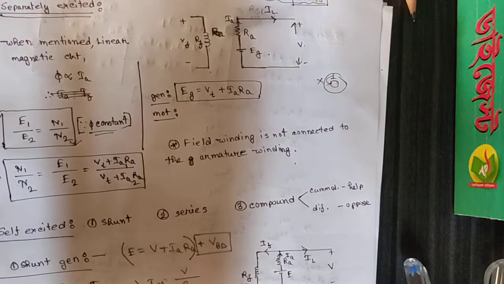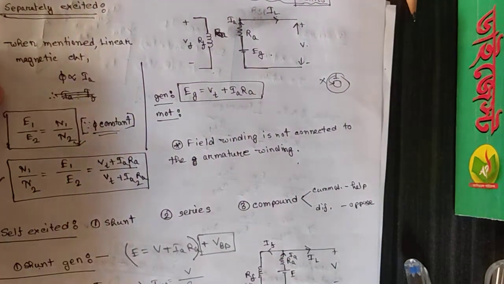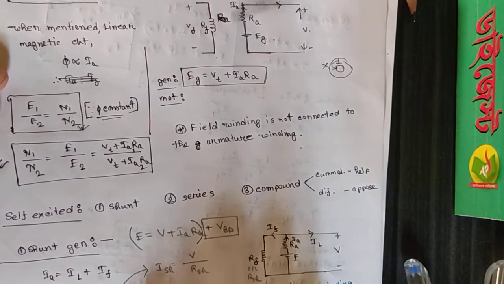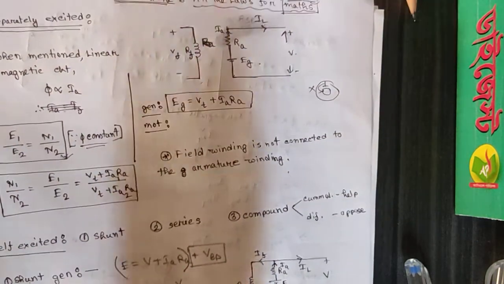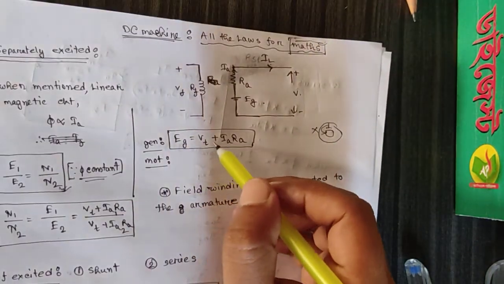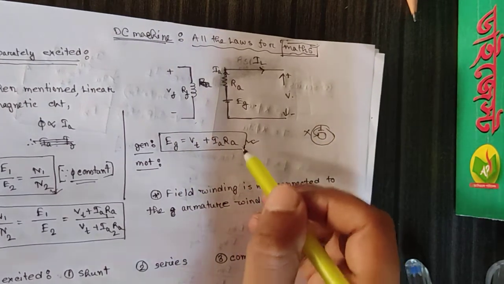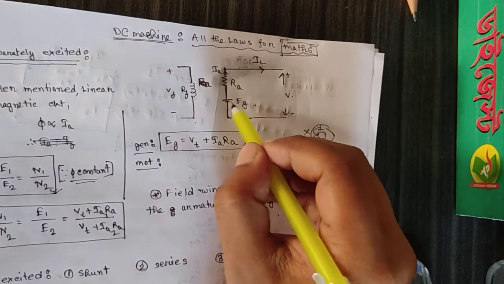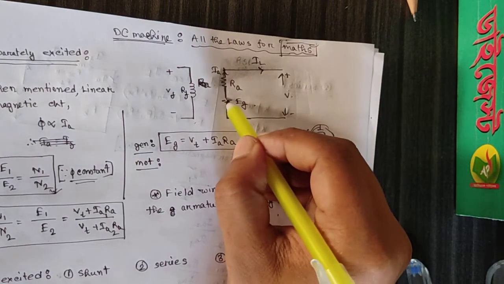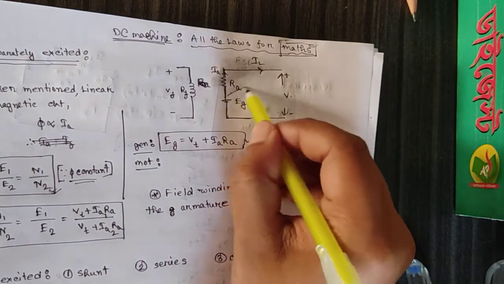And for the self-excited DC generator, we need to know that it has three kinds of generator. First, in the separately excited DC generator we have discussed, but how did the equation come here? The induced EMF equals the voltage drop from here to here.